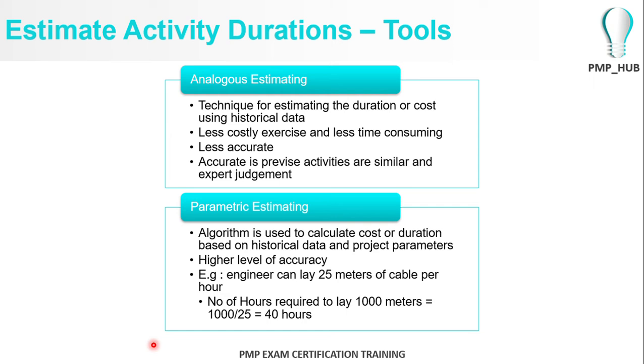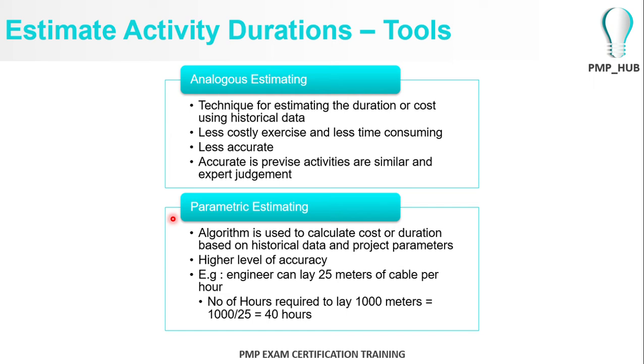Another technique is maybe the parametric estimating technique. This is where you use an algorithmic method to calculate the duration of your project. For example, say you're on a project of laying fiber optic for a telecom company, and an engineer can only lay 25 meters of fiber cable per hour, and you have to lay 1 kilometer of fiber.